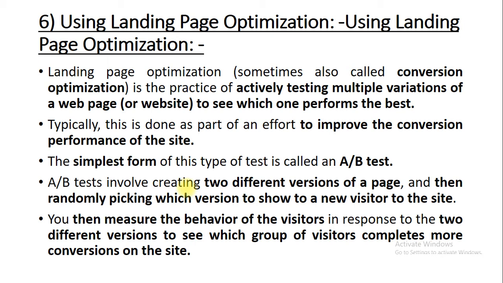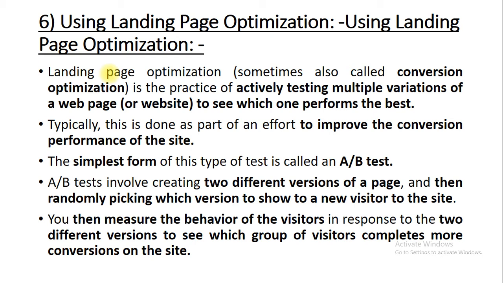So what does using landing page optimization mean? Using landing page optimization is nothing but when you want to improve the conversion rate of your website, you make 2 copies of your website just for testing purposes, and you have created 2 different versions of the website.